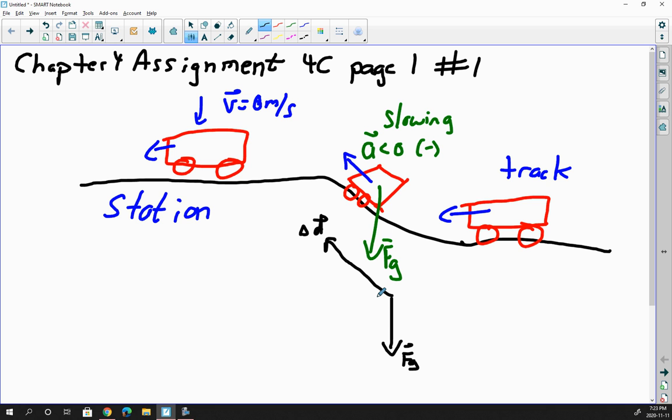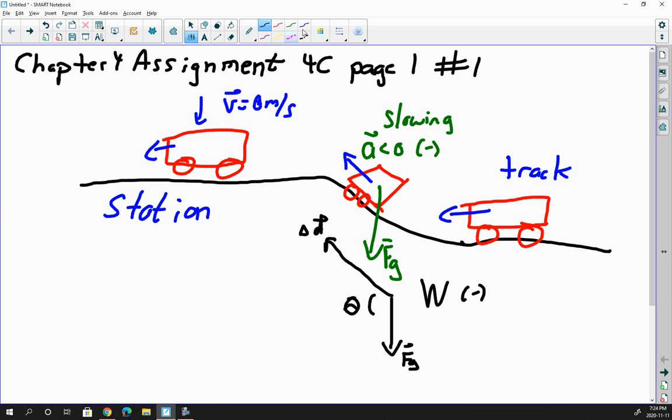And there's a certain angle here. So the force of gravity as it's working on this car going up the hill, it's actually doing negative work. The force of gravity is actually taking energy away from this car as it's going up the hill. That's good because we want it to slow down here and eventually come to a stop.